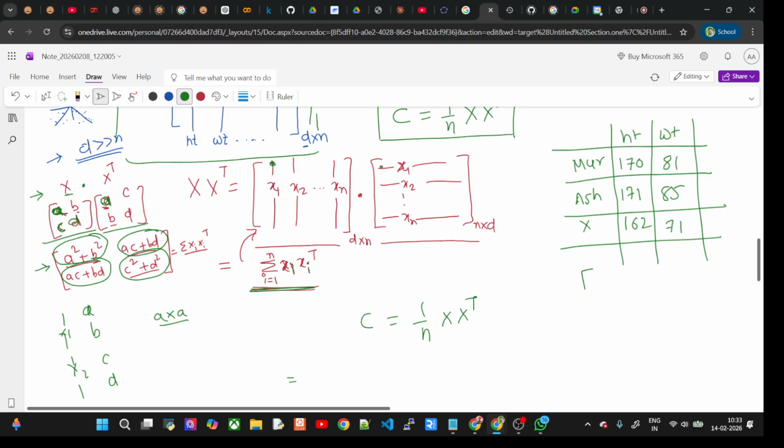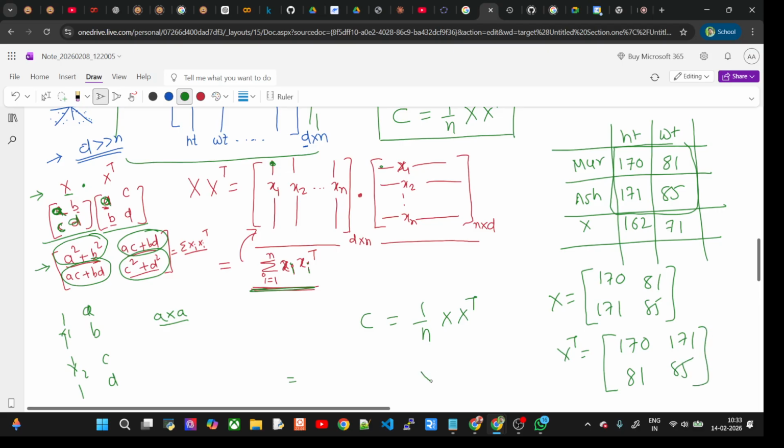If I just take these two rows as of now, 170 81, 171 85, this is, for example, one X matrix. If I take X transpose of this, how much does it come to? 170, because these rows become columns now, 171 becomes 85.